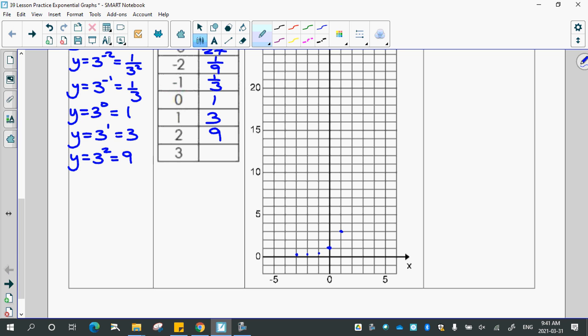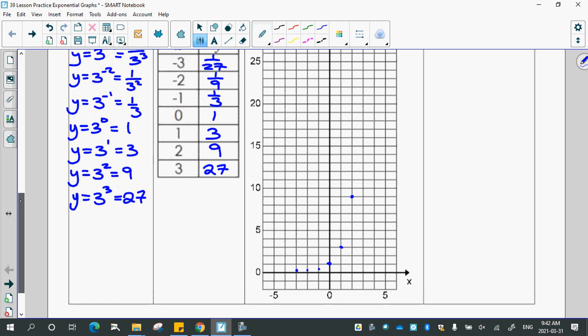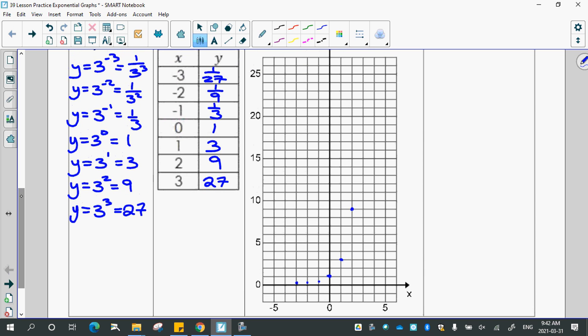So 2 and 9. And 3 to the 3rd is 27. And it's way up here, right at the top there. Basically, you can see just changing the base by 1 makes the growth curve a lot steeper.